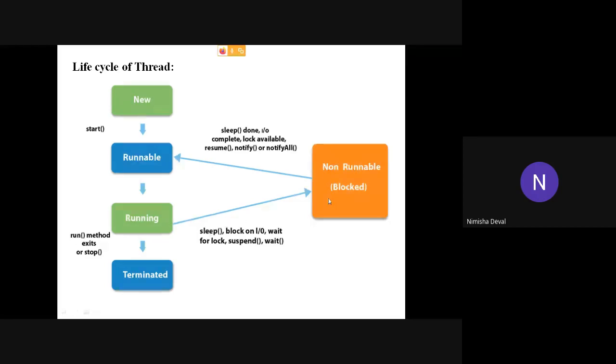On which conditions does it go there? Sleep, blocked on IO, waiting for a lock, suspend, and wait. These are the different states present in a thread, the same as for a process. Whenever the sleep period is done, the IO operation is completed, or the lock is resumed, it goes back to the runnable state and covers the remaining task.